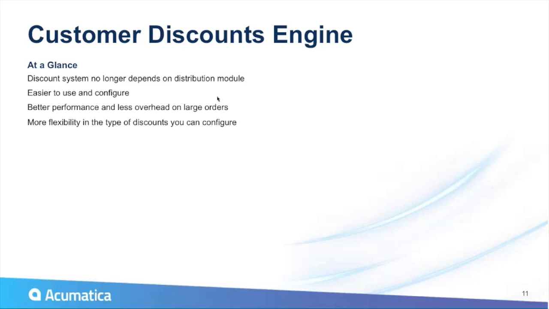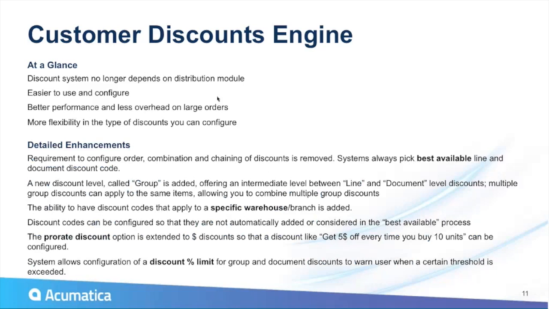And we've added some new options that improve the flexibility in the type of discounts that you can configure with this system. So I won't get into the finer detail, but I will highlight some of the changes that we made that I think are very, very interesting.